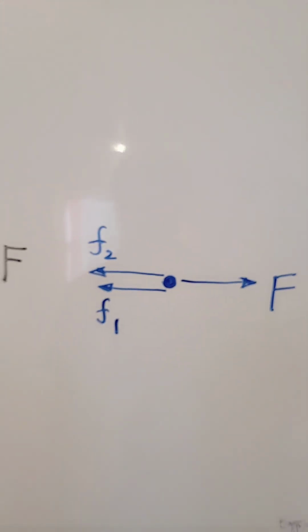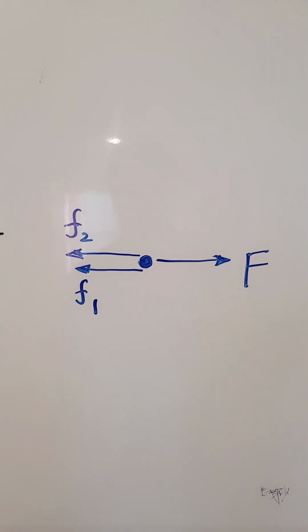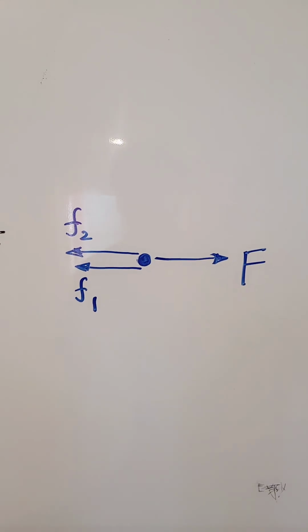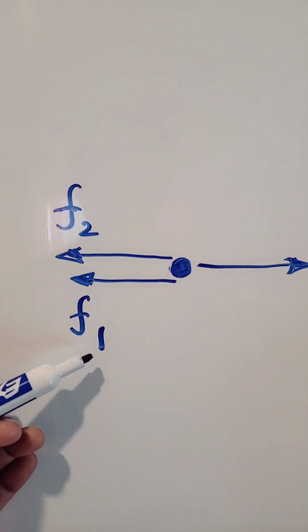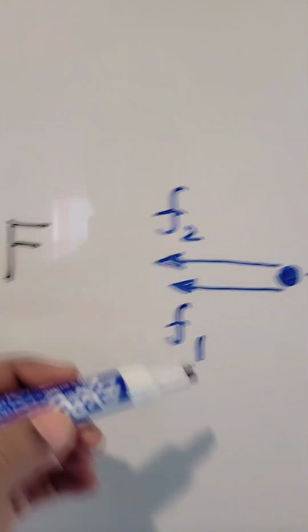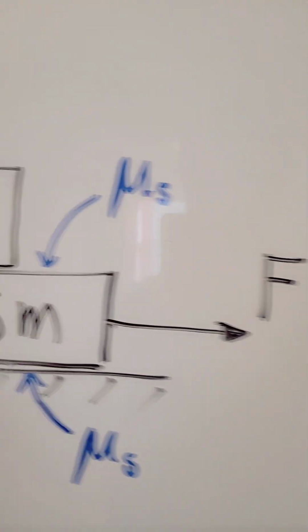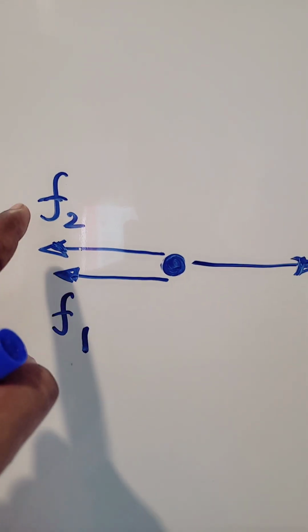So if I look at horizontal forces, again, this is not the free body diagram, it just shows the horizontal forces. I have that applied force, static friction force due to this interface, and static friction force due to this interface. Now my objective is, how am I going to find F1 and F2?